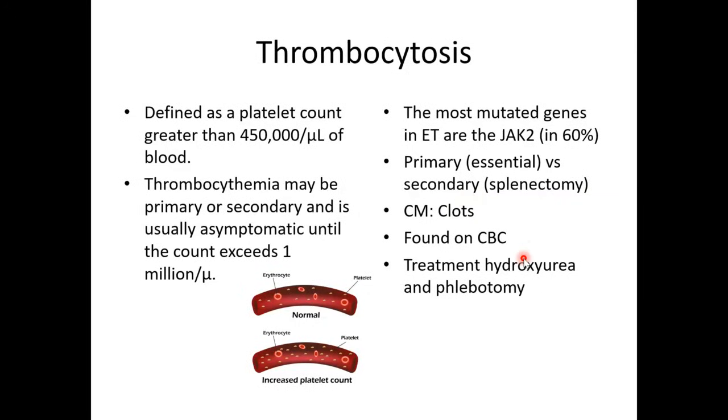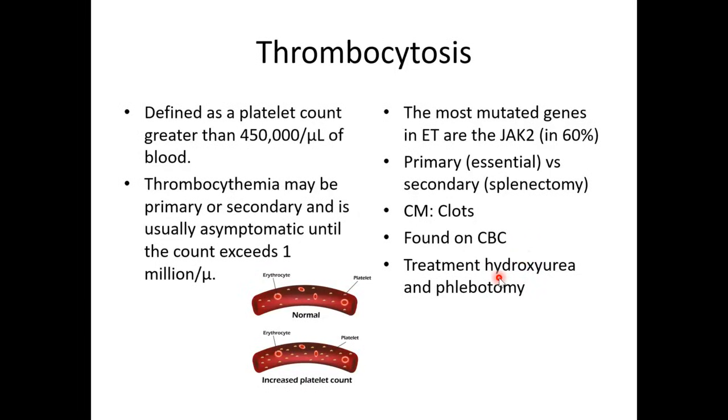Treatment for essential thrombocythemia, I'm sorry if I called it thrombocytopenia, I was wrong, it is thrombocytosis, is directed toward preventing thrombosis, preventing the blood clots, and reducing the platelet count is important for treatment. That's the goal of treatment.